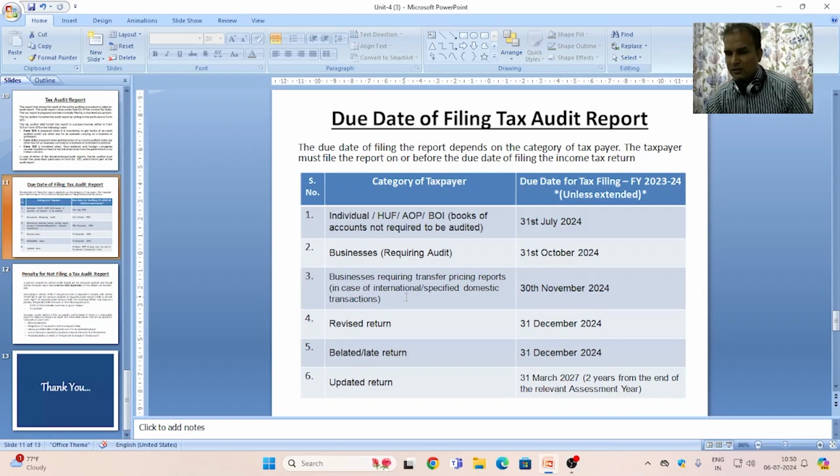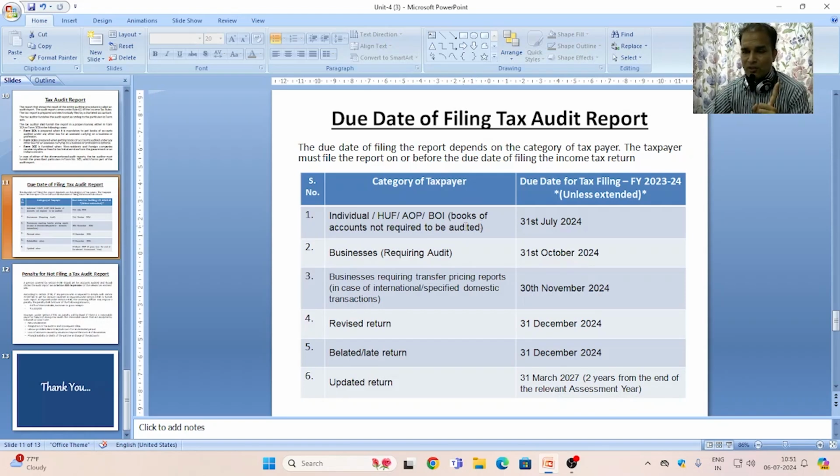Let me discuss some due dates for the tax audit report. Category of taxpayer. First is individual, Hindu undivided family, AOP association of persons, BOI body of individuals, where books of accounts are not required to be audited.